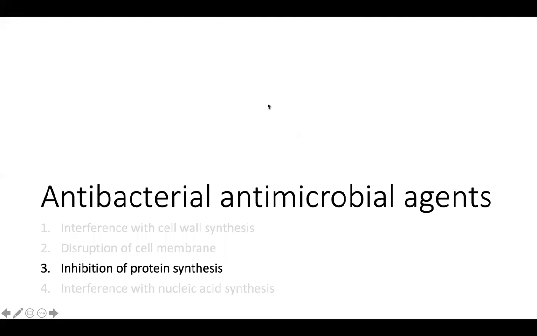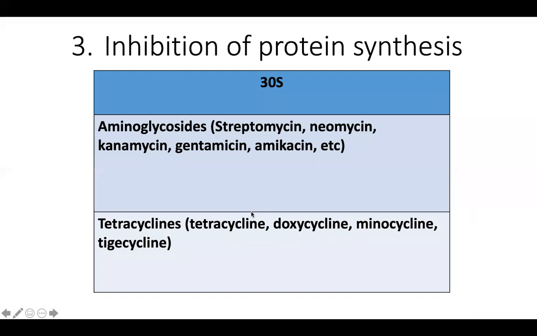The smaller subunit is 30S, and the larger subunit is 50S. Okay. So the antimicrobial agents that target protein synthesis can either target the 30S subunit or the 50S subunit.